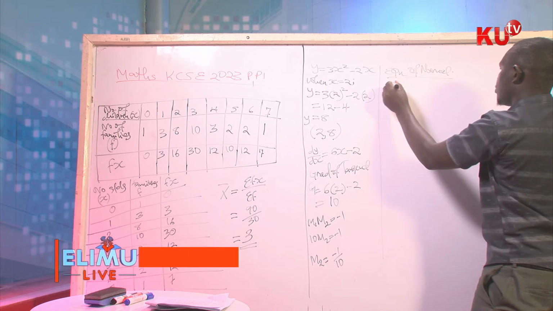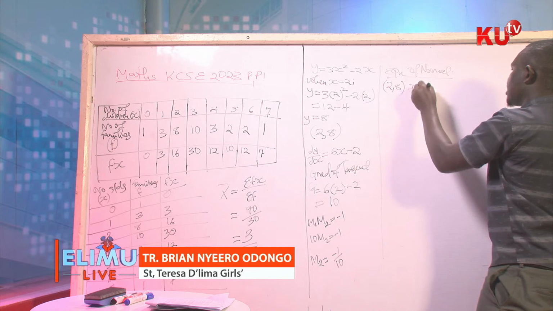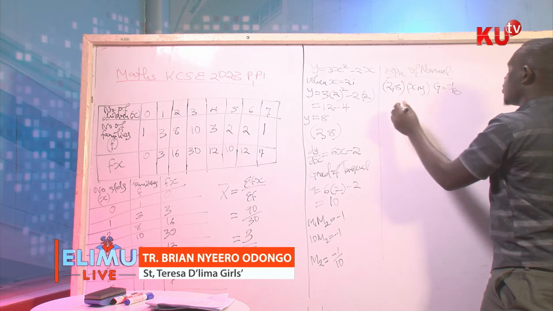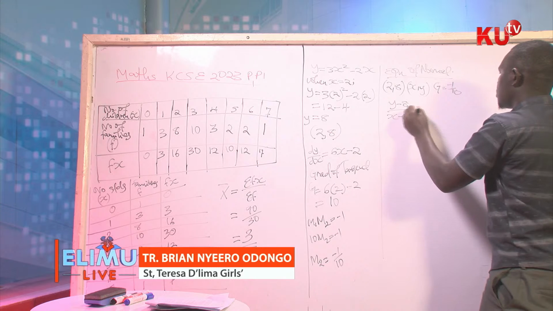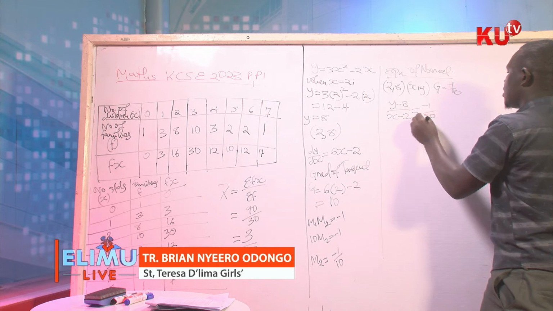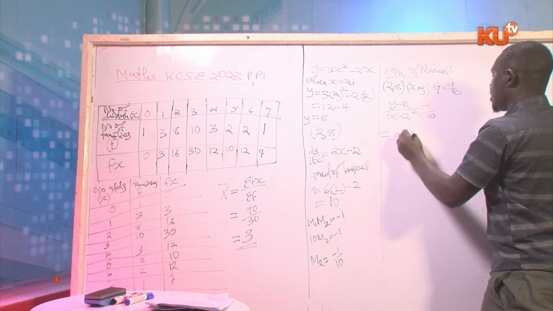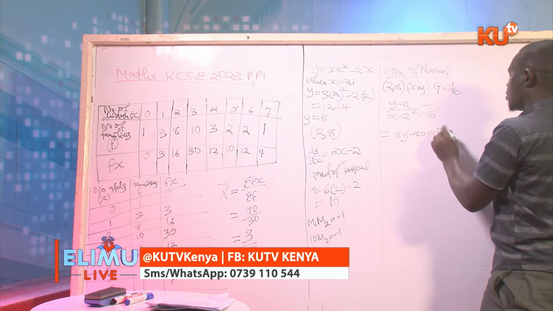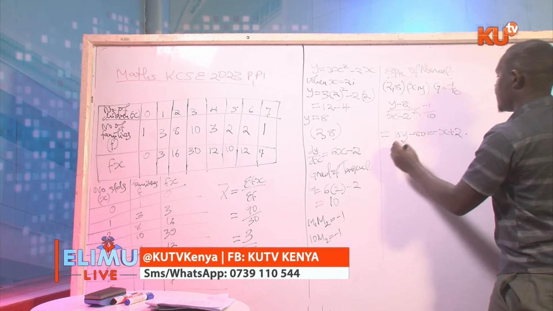How do you get the equation of the normal? You have the point (2, 8). You introduce another point called (x, y), then with your gradient as -1 over 10. So this is (y minus 8) over (x minus 2) equals -1 over 10. Cross multiplying, this evaluates to 10(y minus 8) equals to negative (x minus 2).